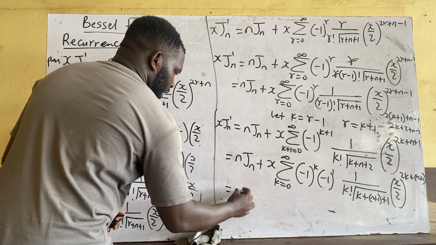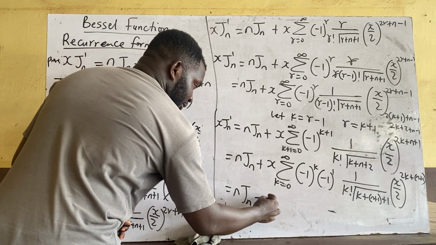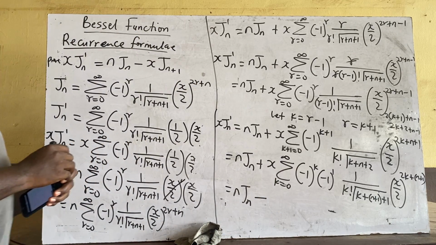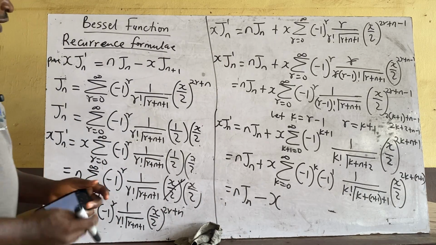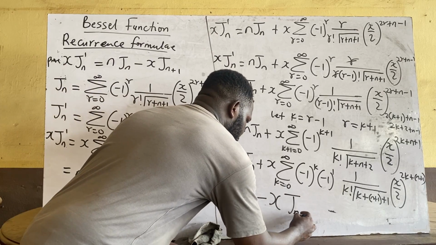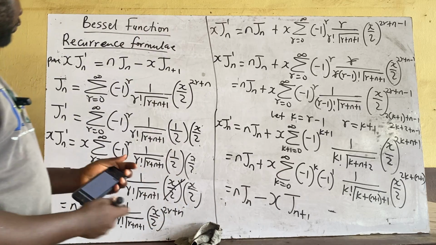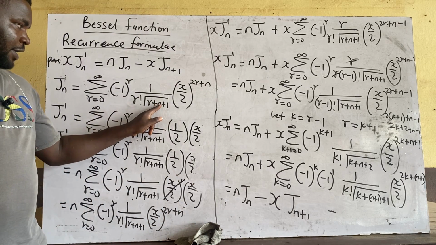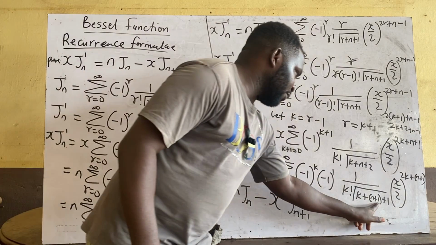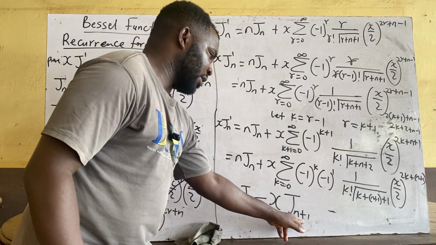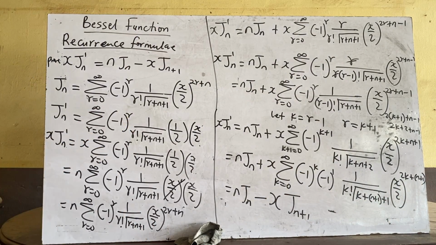So I'm left with n J_n minus x J_(n plus 1). If you look at my formula, if I have n here, I'm having n here, that is when n will come here. If I have n plus 1 here, I'm having n plus 1, that is when n plus 1 will come here. And it is now proved.